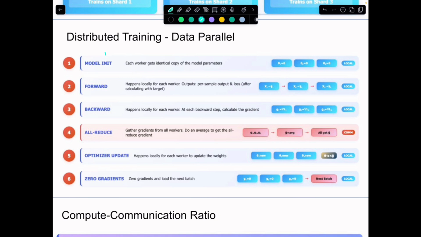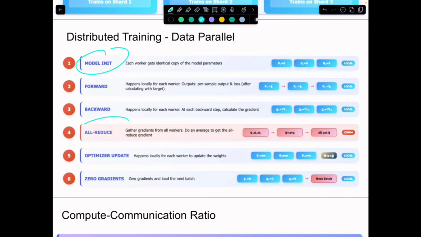First, you initialize the model parameters and then do forward and backward. This is the same as a single machine, right? And then you realize that different machines are training on different data and they will have different loss, different output, and then result in different gradients. So how do you make sure that you are only training one version of the model?